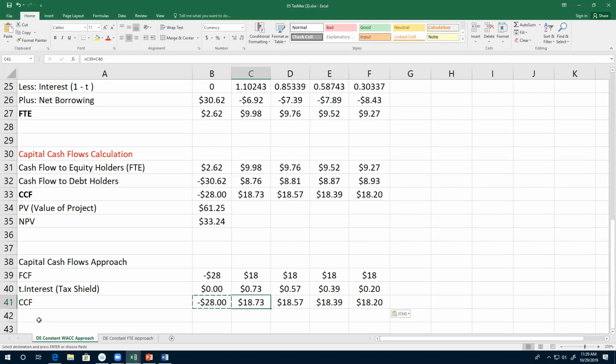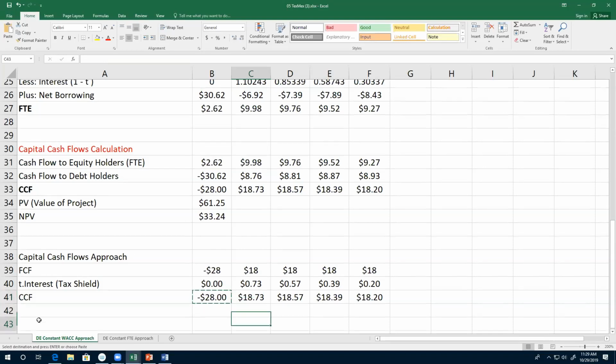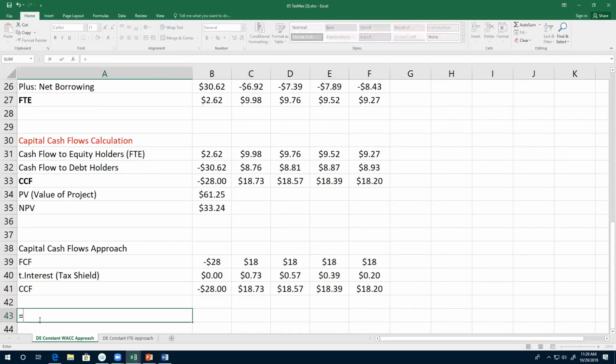The main point here is that now, if you will actually calculate the present value of these, so do NPV, what is the rate at which you're going to discount these? If you have calculated capital cash flows, what is the NPV? Or what is the discount rate that I should use for NPV here?